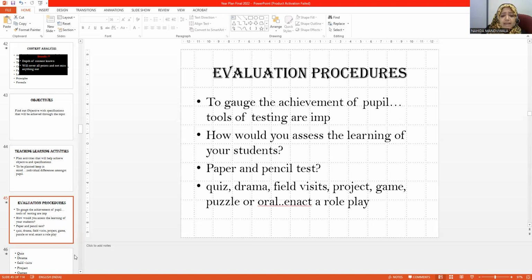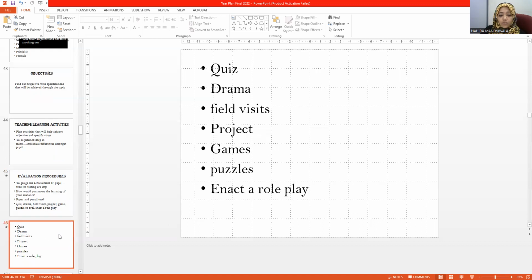So you can use n number of evaluation tools that will help you get the evidence of achievement from the students, and they are quiz, drama, field visits, projects, puzzles, written assignments, oral work. You could have recitation, or you could have practicals. Anything can happen over here. Okay, so that is what your evaluation procedures are.